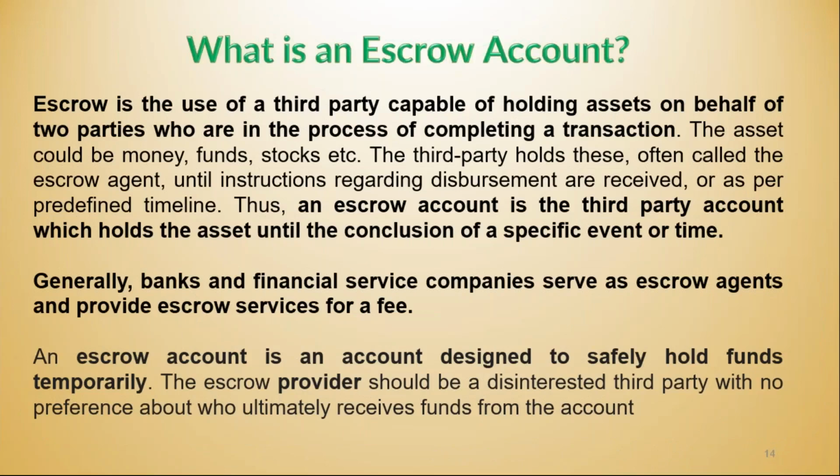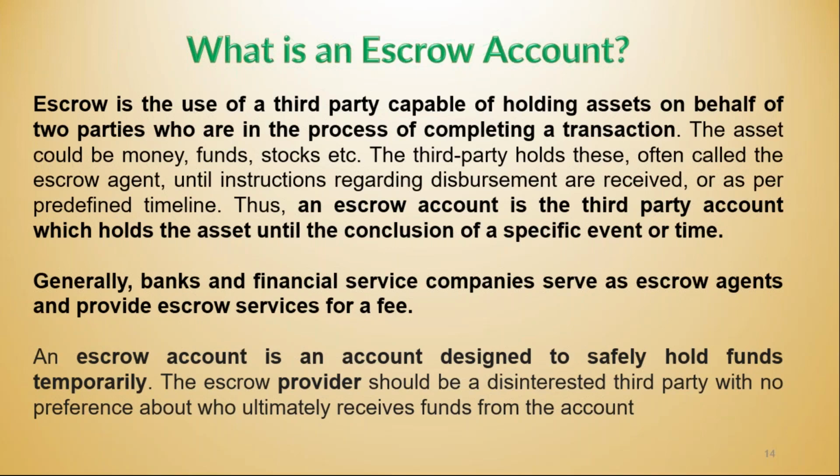An escrow account is a third party transaction. Suppose there is a buyer and a seller, and they don't have trust between them, because we don't know much about the credentials of the buyer, and the buyer also has certain doubts about the seller for any of the transactions between them.